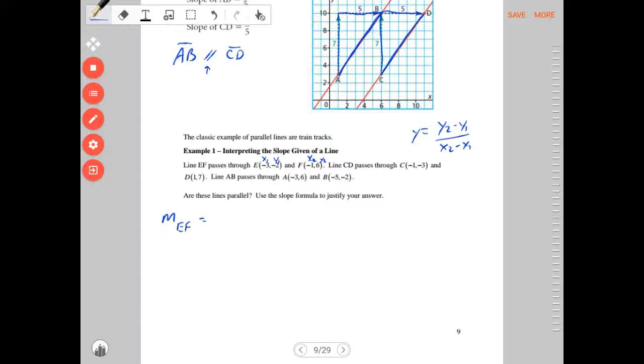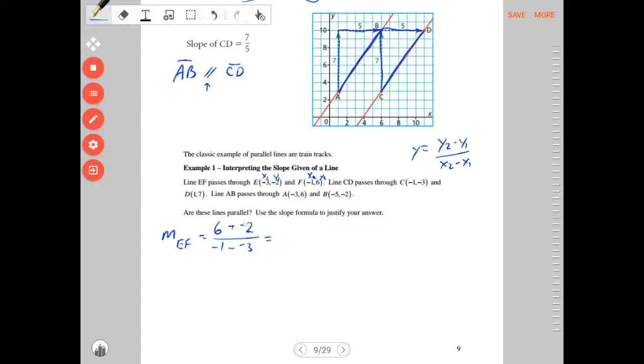Then y2 is 6, so 6 minus -2 over -1 minus -3. We just plug those into our calculators, or we can do them in our heads. Double negatives make positives, so 6 plus 2 is 8, and -1 plus 3 is 2. So the slope of EF is 4.